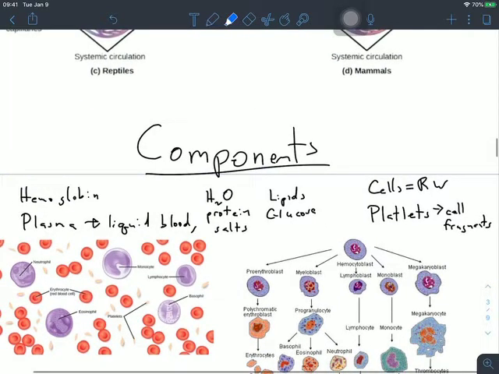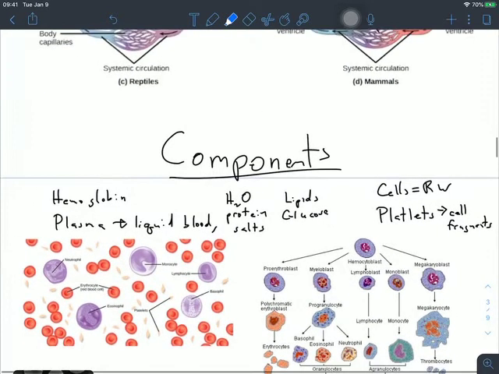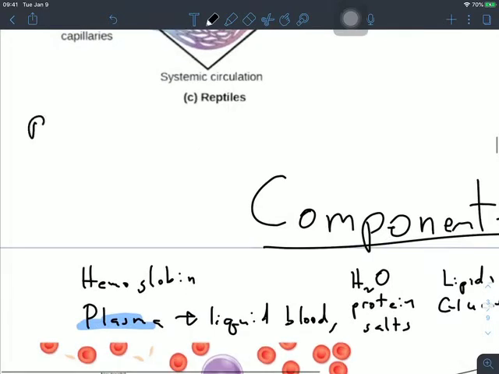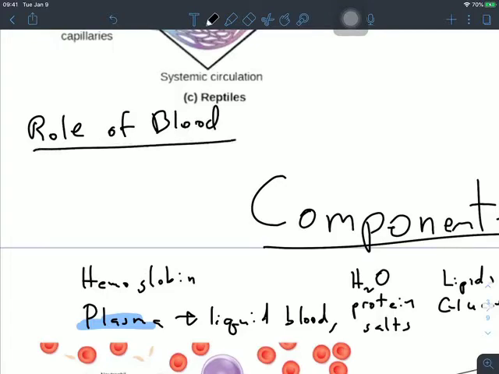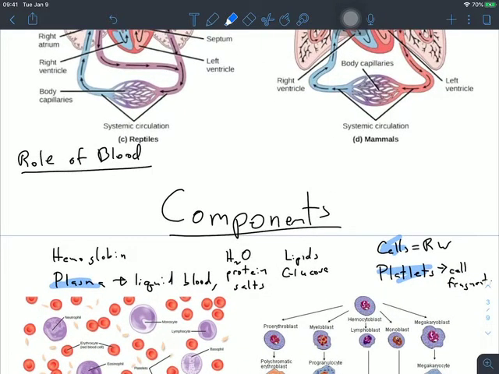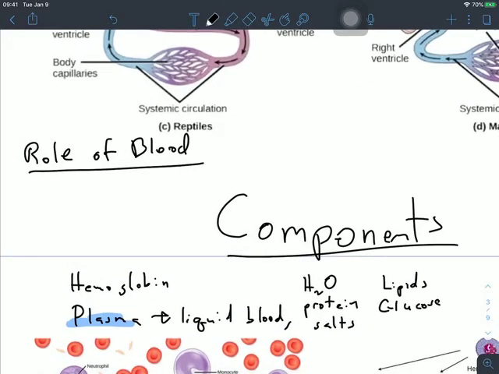And so these three major constituents, your plasma, the cells, and the platelets, make up your blood. And the role of the blood, therefore, corresponds to those three, or if you count red and white as separate, different types of cells.